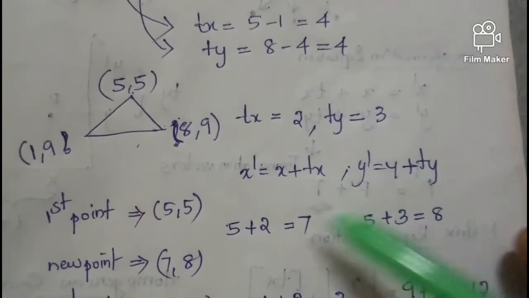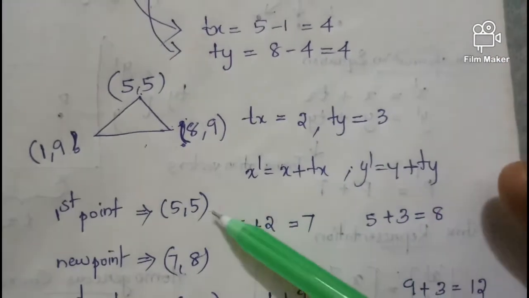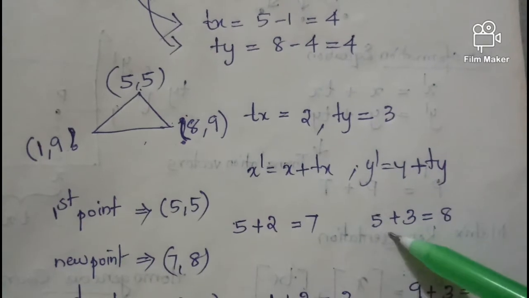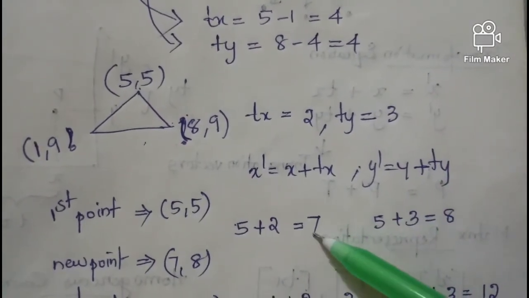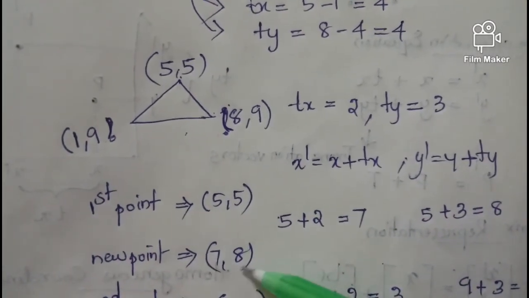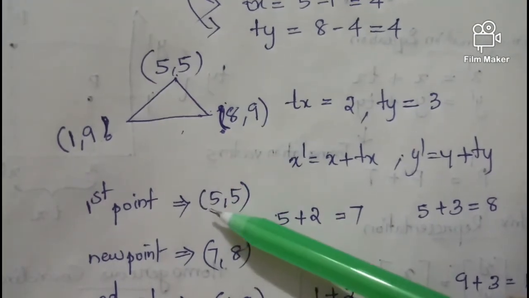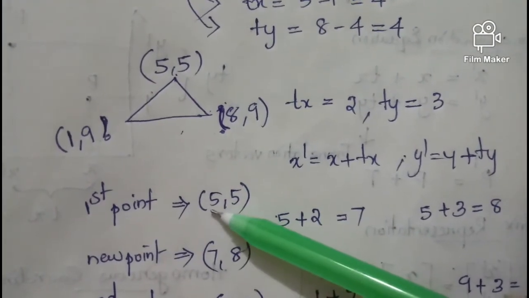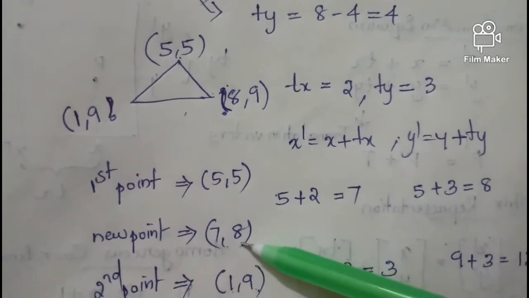Similarly, value of y is 5, value of ty is 3. So when 5 is added to 3, I will get 8, which is the value of y dash. So I got x dash and y dash: x dash as 7 and y dash as 8. So from this it is clear that the first point of the triangle translated from 5, 5 to 7, 8.